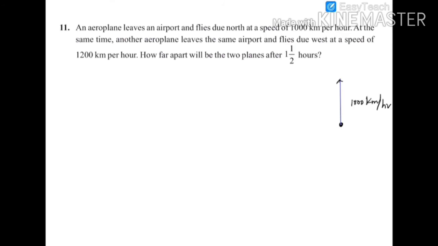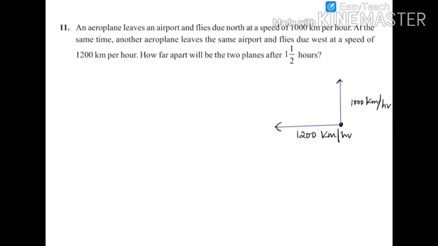At the same time, another plane leaves the same airport and flies due west. So west will be in this direction. And this plane has a speed of 1200 kilometers per hour. How far apart will the two planes be after 1.5 hours?